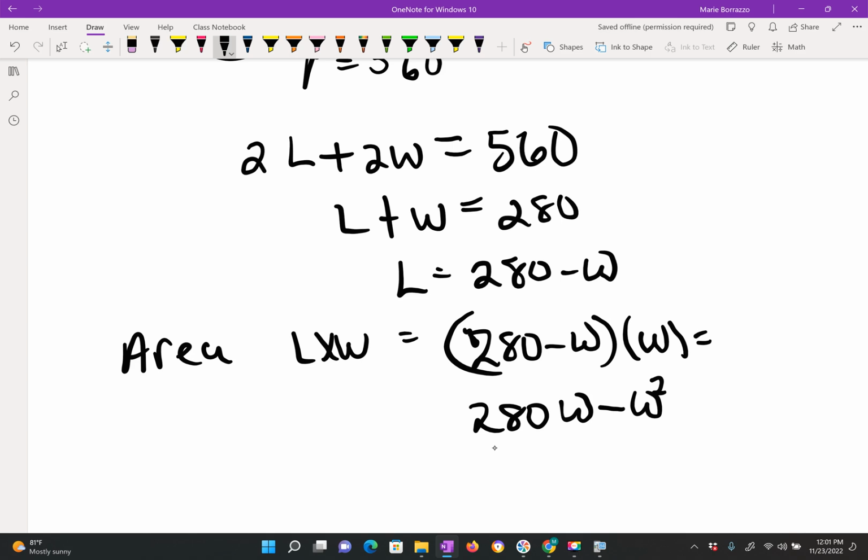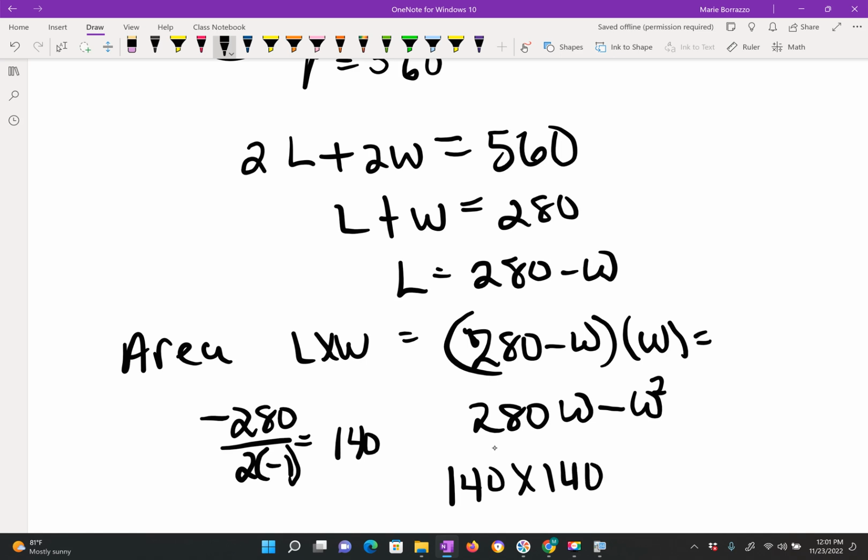Once again, negative b over 2a. So negative 280 divided by 2 times negative 1 gives us 140. So 140 times 140 gives us our largest, biggest area of 19,600. So I believe that's answer choice C.